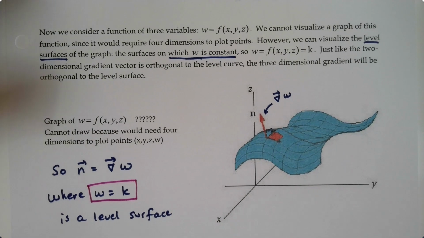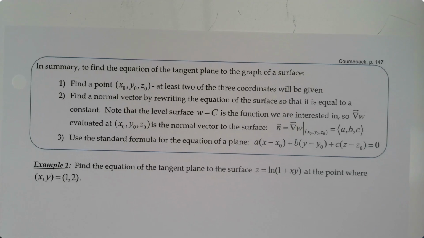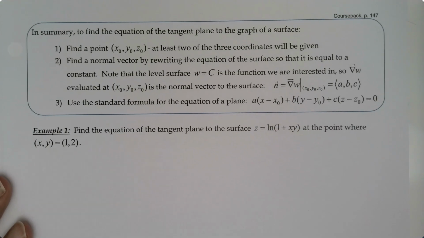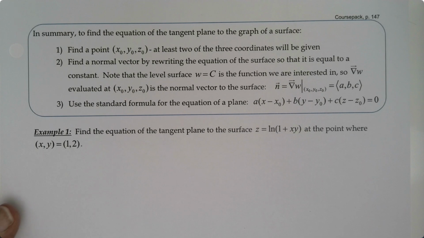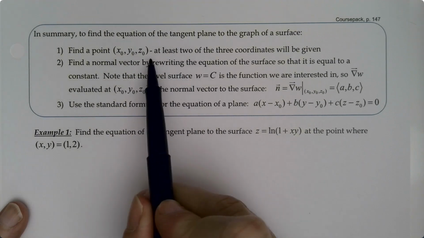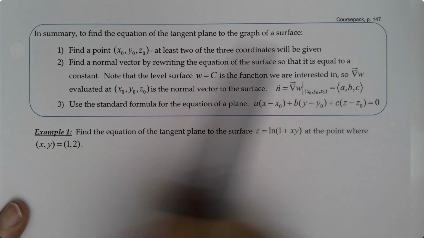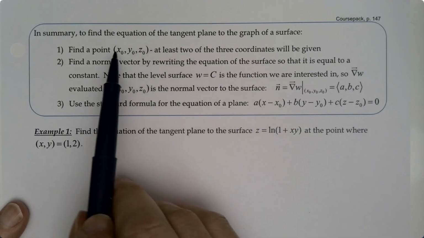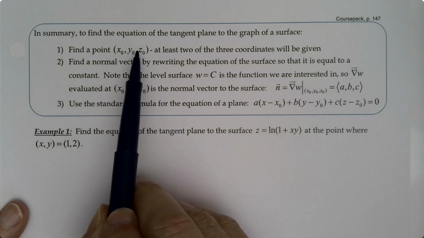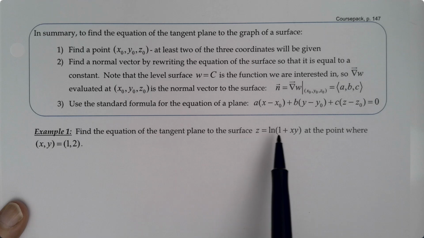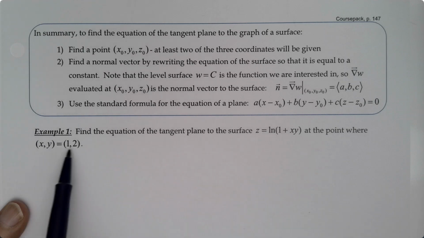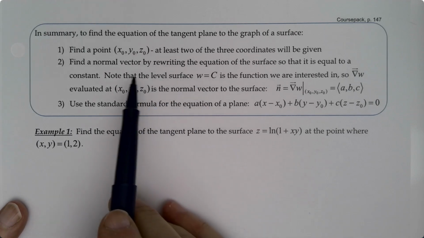So let's put it all together. To find the equation of a tangent plane to the graph of a surface, we need to find a point. At least two of the three coordinates will be given, because if I give you the x and the y, you could find the z if you have the function. So right here, I'm only giving two, but that's fine. So find a point.